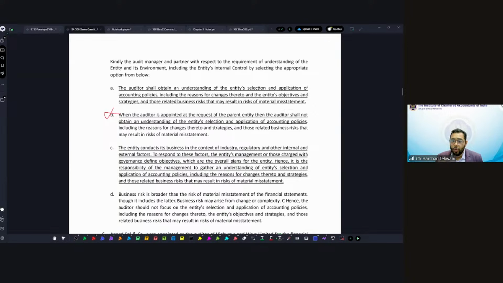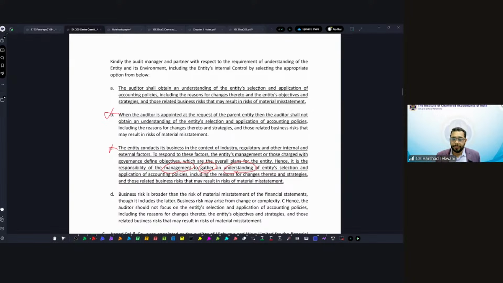Management is the one who will define the accounting policies. Why would they need to gather the understanding? They are the ones deciding the accounting policies and everything. That's why it's incorrect. Management is not required to gather an understanding. They have the understanding. They need to provide us the understanding.